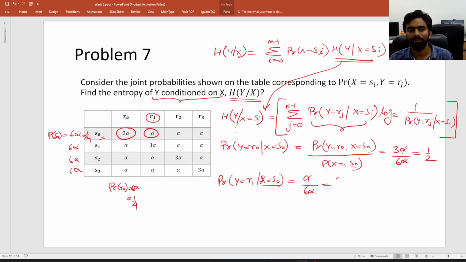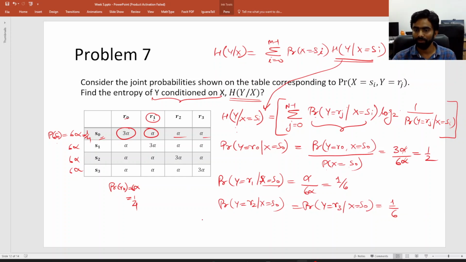So it would be 1 by 6. Similarly, this is alpha, this is also alpha, so I can directly write probability of Y equal to r2 given X equal to s0, and probability of Y equal to r3 given X equal to s0, would be 1 by 6.